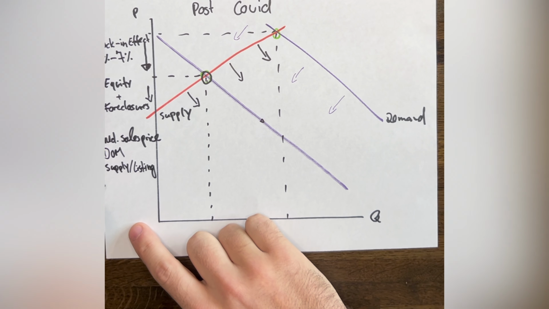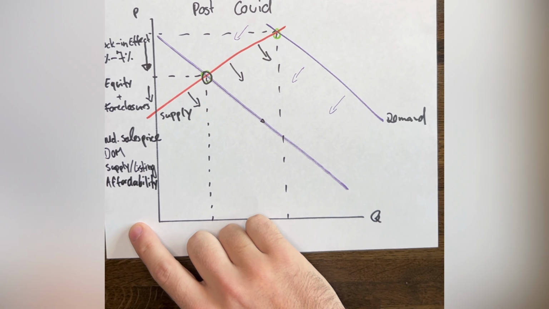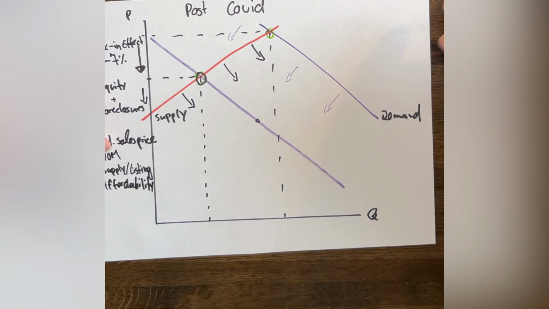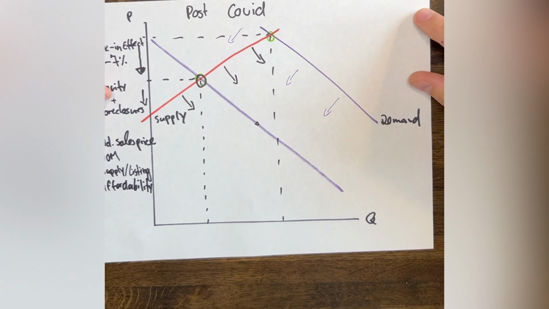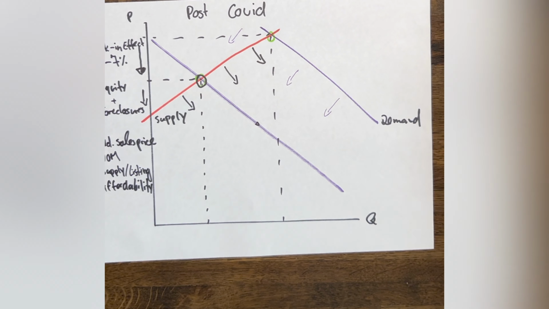Obviously, affordability is a big thing that gets tossed around a lot. And all of these words can pretty much be explained with this very simple graph: supply and demand, prices, quantity, things like that. So now you know how not just the United States housing market works, but also a lot of other industries and markets across the world follow this same kind of pattern.